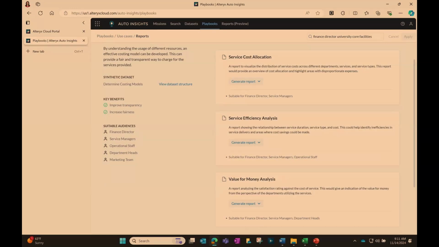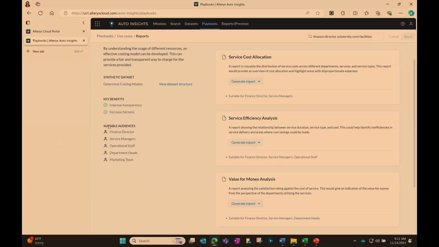What service cost allocation says, it's a report to visualize, because we know that some of these things are important to have visualization, the distribution of service costs across different departments, services, and service types. Does that resonate? Yeah? This report would provide an overview of cost allocation and highlight areas with disproportional expenses.